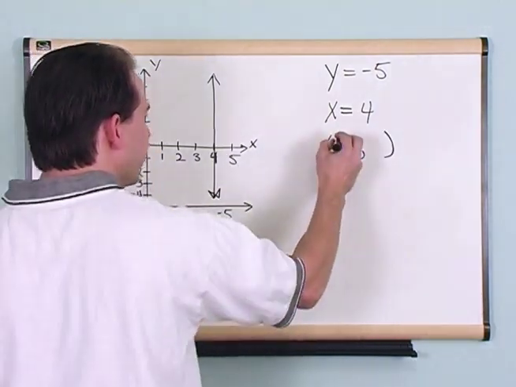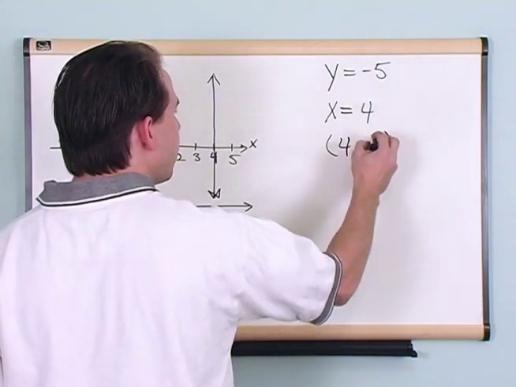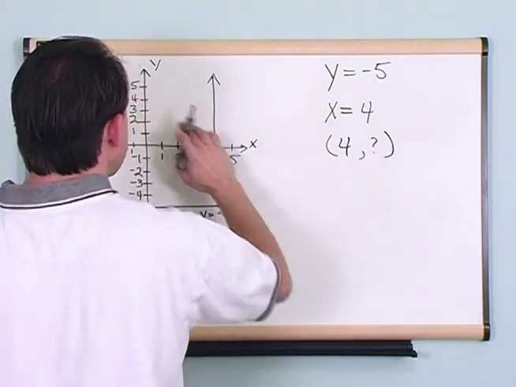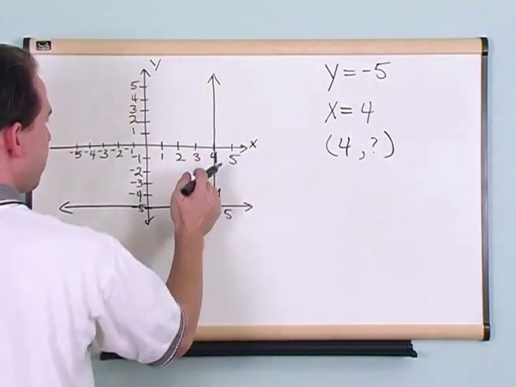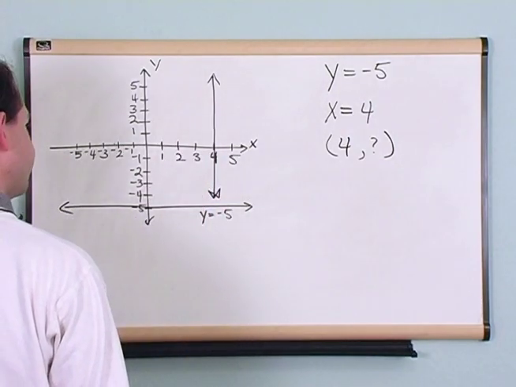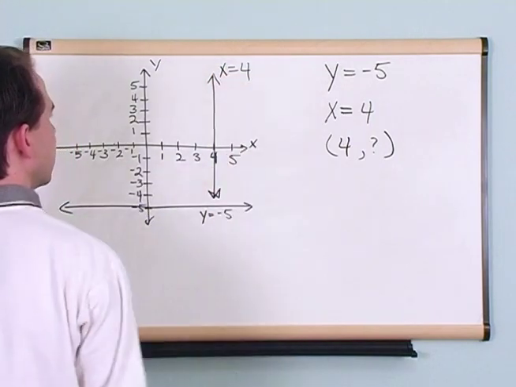What it means is, if x is equal to 4, it doesn't even matter what y is. I could put y is equal to 3, y is equal to 9, y is equal to negative 2. It doesn't matter. X is always equal to 4, so it always looks like that. So the equation of this line would be x is equal to 4.